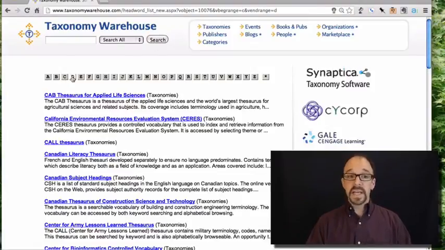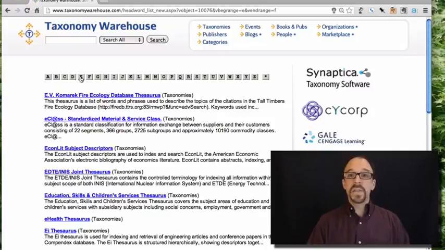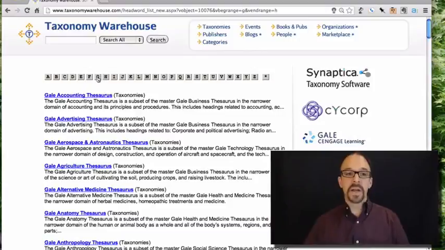Now, this site, the Taxonomy Warehouse, is a large, but still not entirely complete list of metadata schemas in different arenas for different uses, right? Do you need a thesaurus to describe railways, offshore drilling, arts and crafts, medicine, the military?